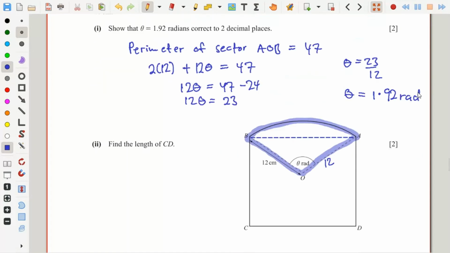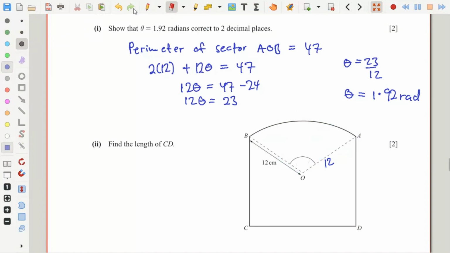We now know the angle. Can I wipe the angle? So the angle is 1.92.